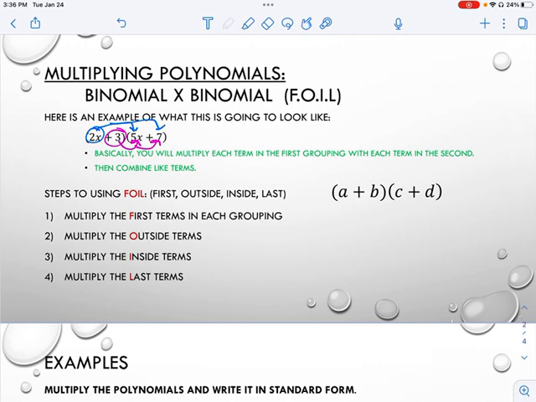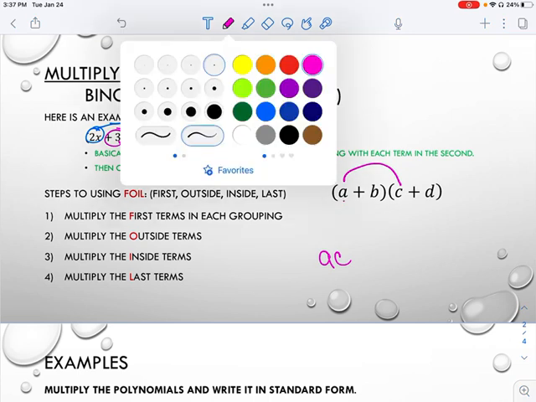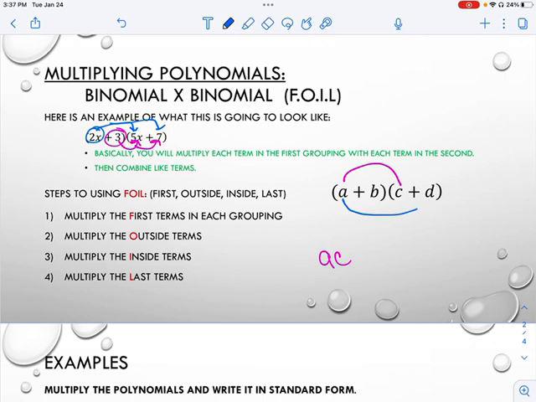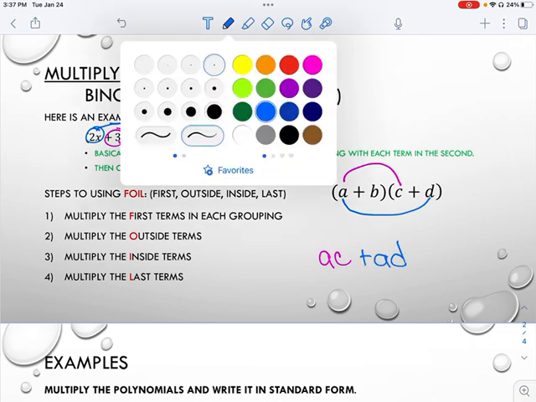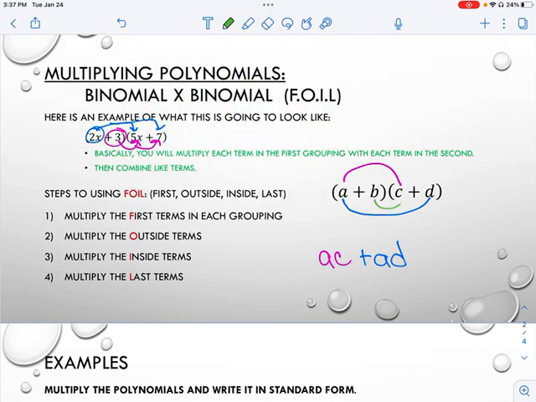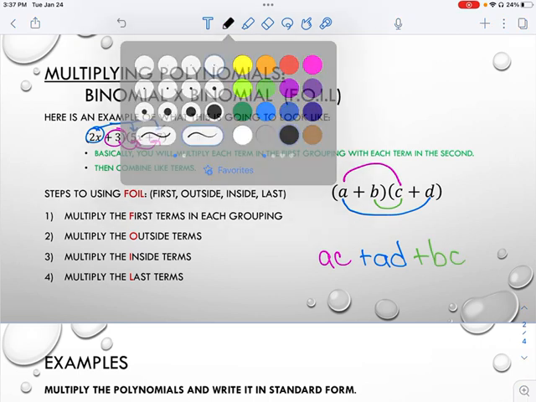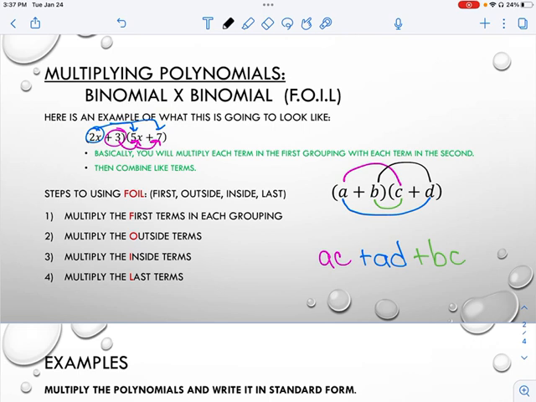So what we do is we start off and it says multiply the first terms. So we make A times C. Then we multiply the outside terms, which would be A times D. Then we multiply the inside terms, B times C, and then we multiply the last terms, which is BD.